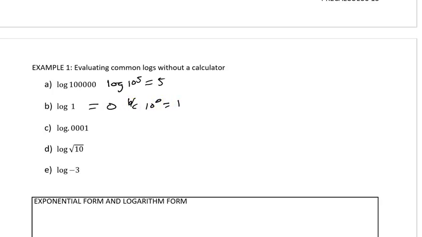The logarithm is an exponent, so the log of 1 is 0, because it takes an exponent of 0 to get an answer of 1. The log of 0.0001 is -4.